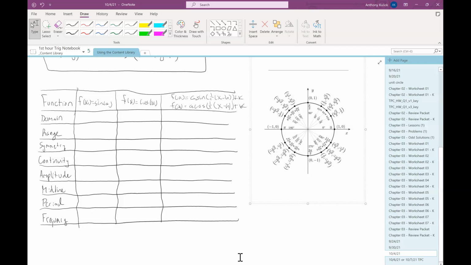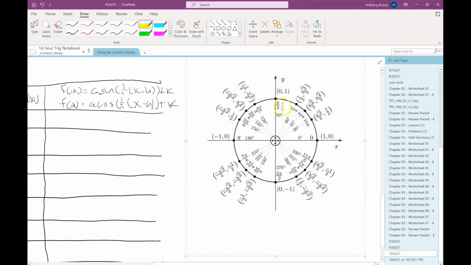So if I'm talking about sine and cosine, which we are here, the input to the sine function is going to be an angle measure, and the output is going to be the y-coordinate from the unit circle where the terminal side intersects the unit circle, right? So for example, if I had a 90-degree angle, the output would be 1, right? So the input is the angle measure, and the output is that y-coordinate from the unit circle.